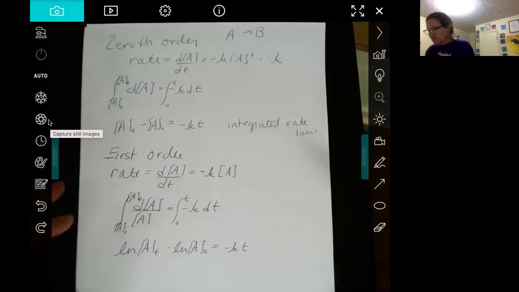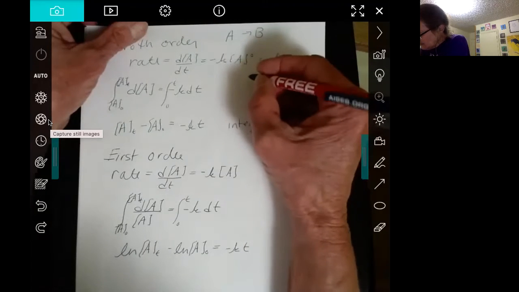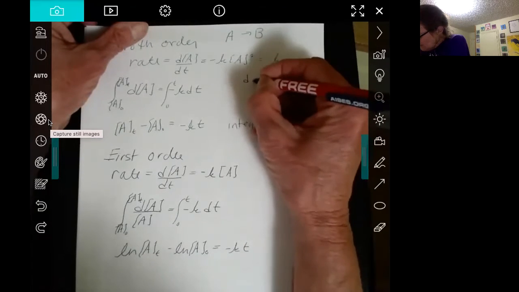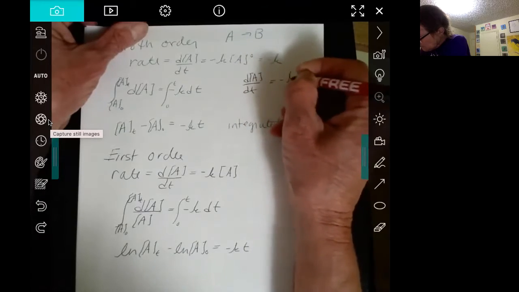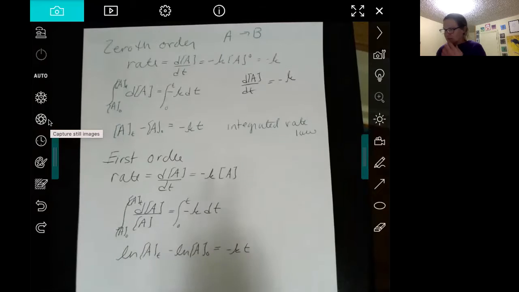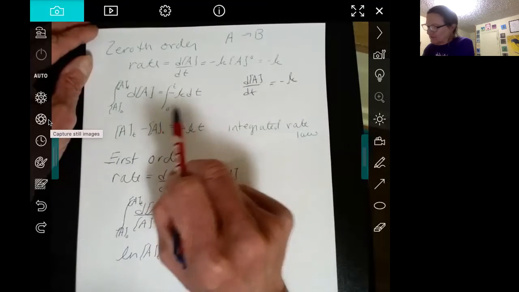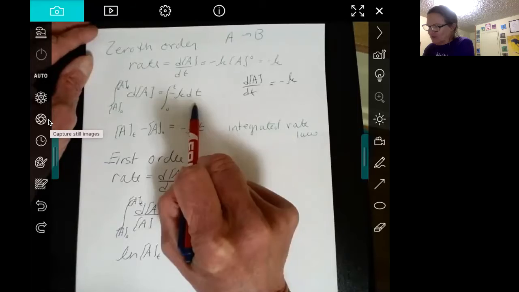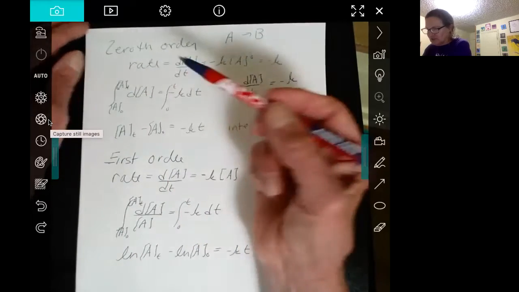The first thing you have to do is think about it: if rate equals a constant and rate equals a derivative, then in order to integrate it, we have to separate the variables. We'll take the t over to this side and integrate over t, and keep the A on this side and integrate over the concentration change.